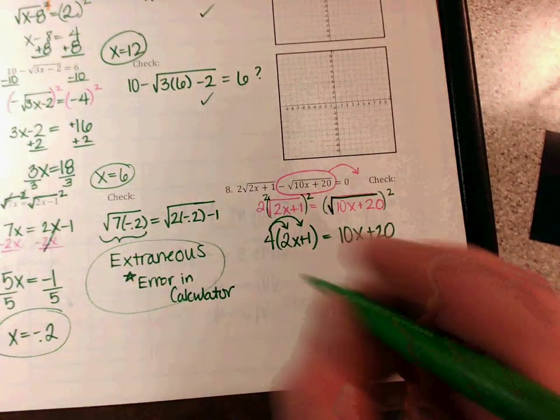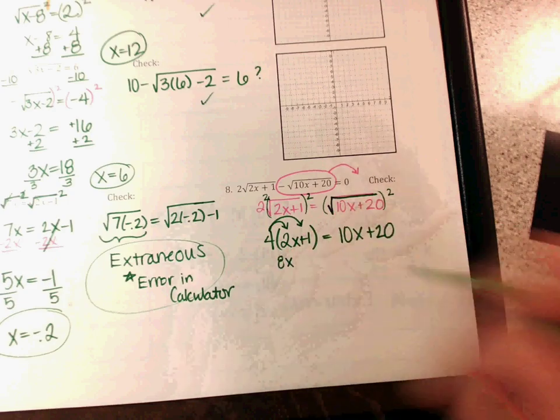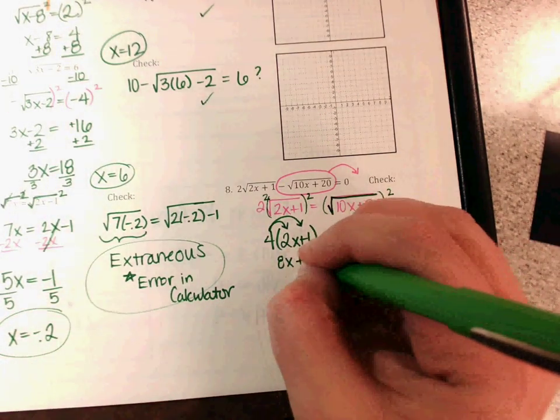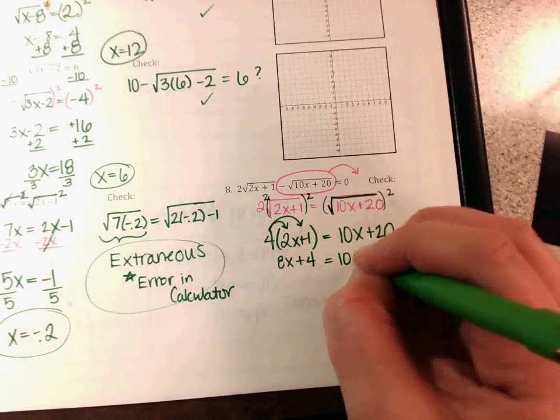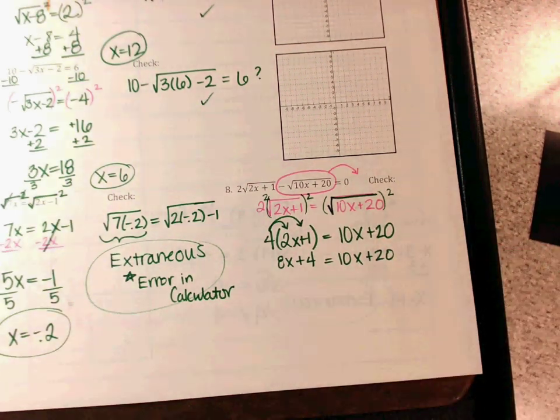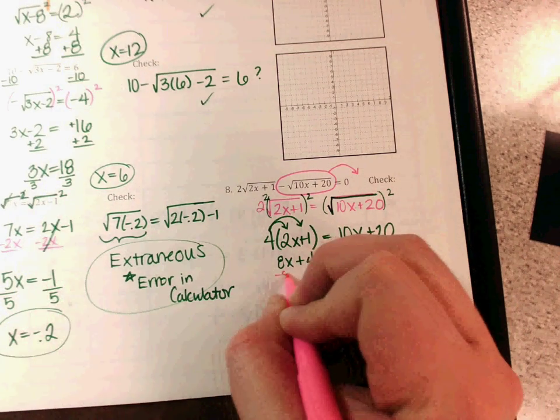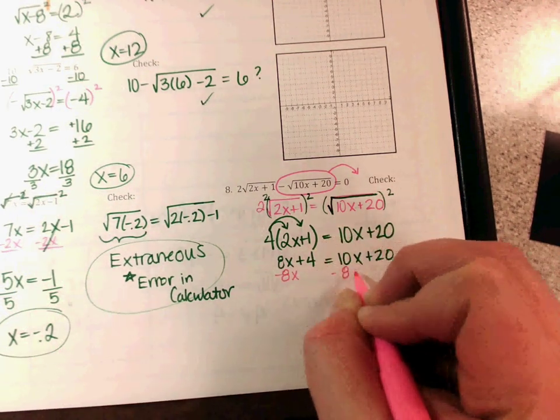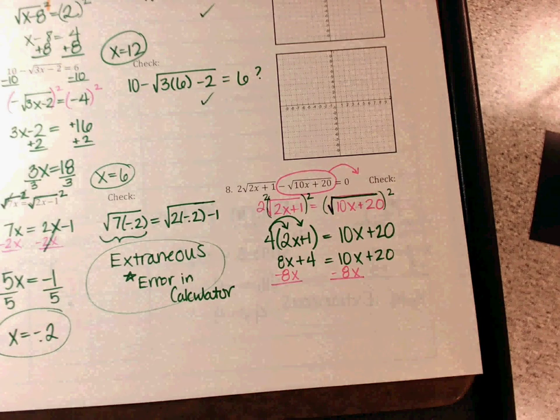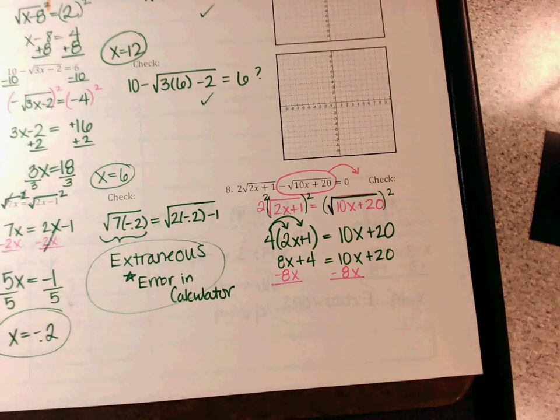Okay, so 4 times 2x is 8x. 4 times 1 is plus 4. And then my other side is just staying at 10x plus 20 because I didn't have to distribute over there. Now, from here, I need to get rid of the smaller number of x's, which would be the 8x. If I do 10x take away 8x, 2 x's are going to stay behind.